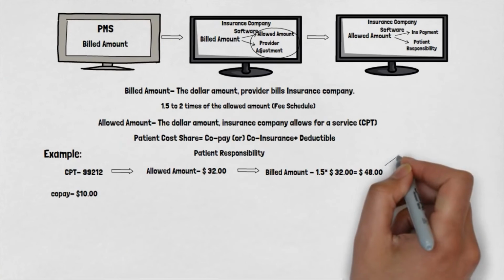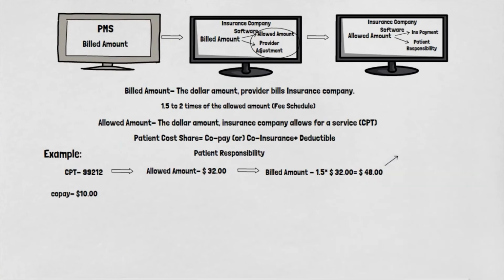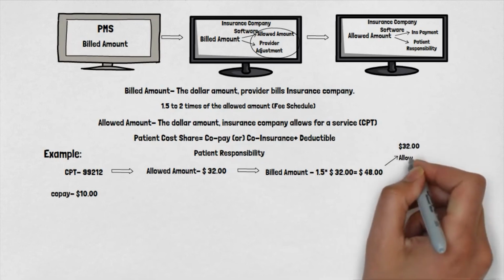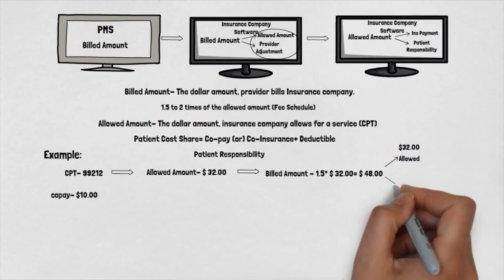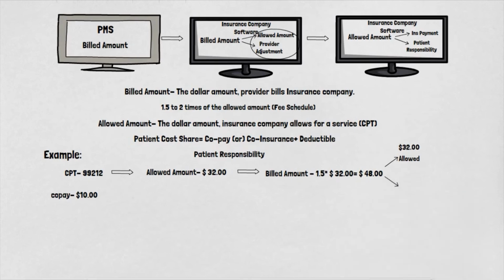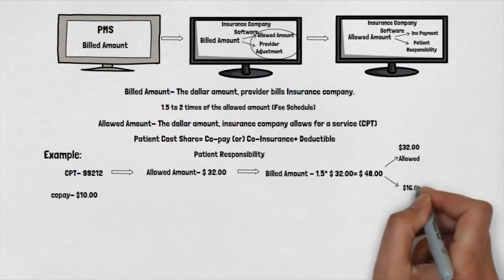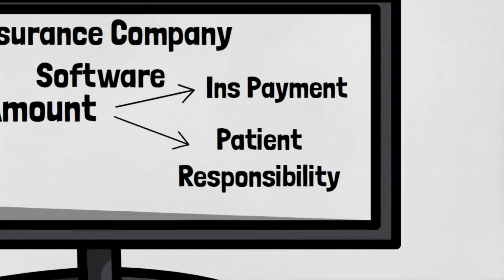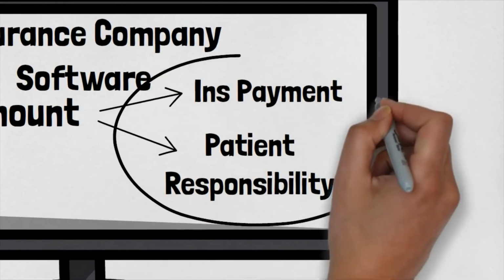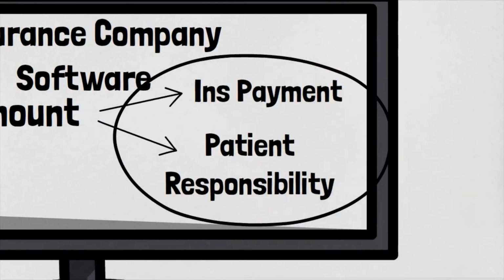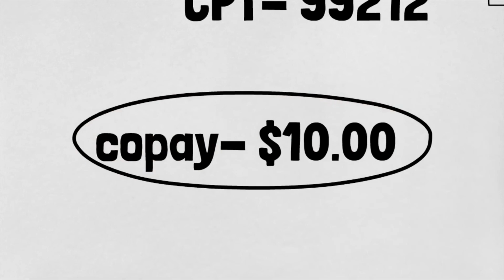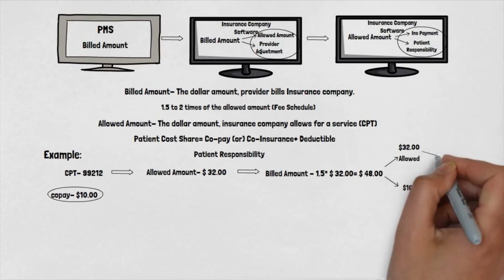Now the insurance company is going to split that $48 or billed amount into allowed amount and provider adjustment. Now we already know that the allowed amount is $32. So there will be an excess amount of $16 which will be considered as provider adjustment. Now again, this allowed amount consists of two components.